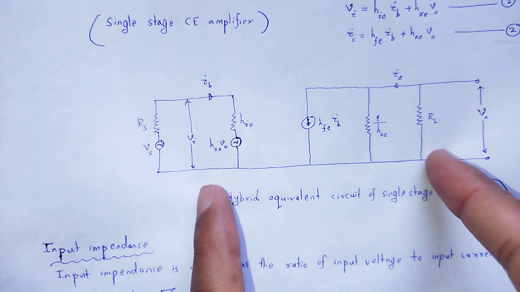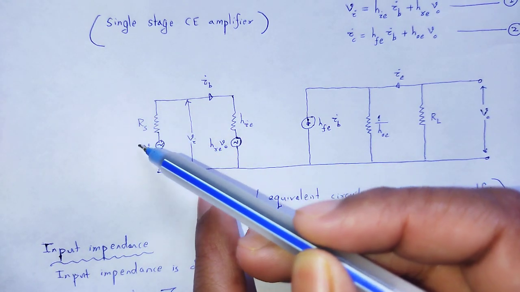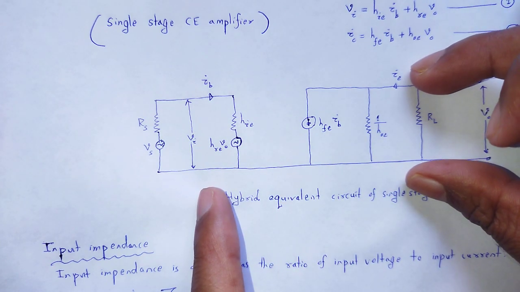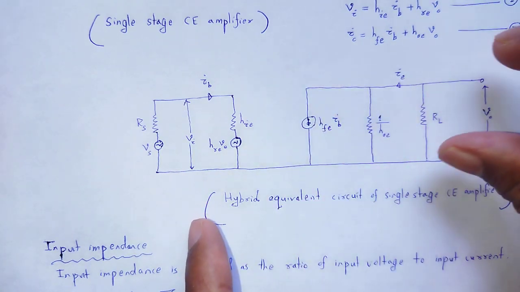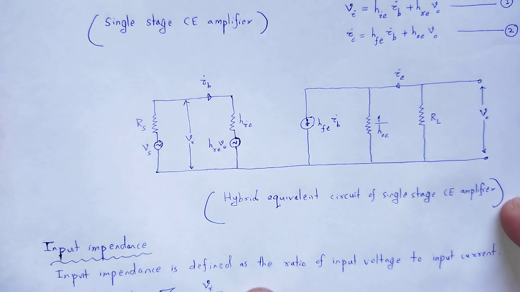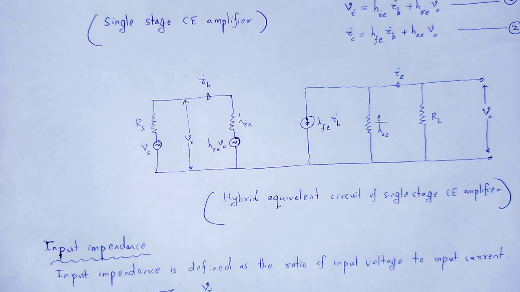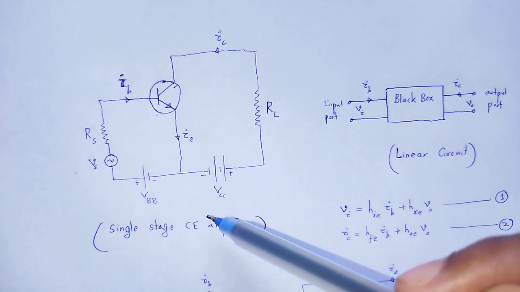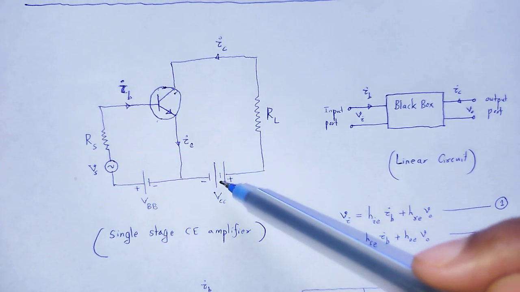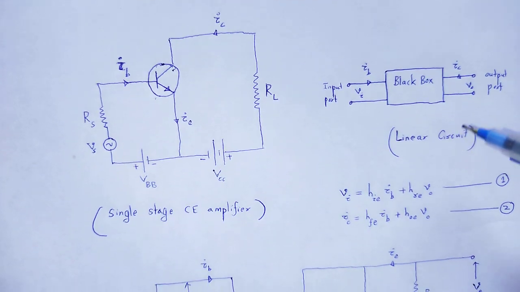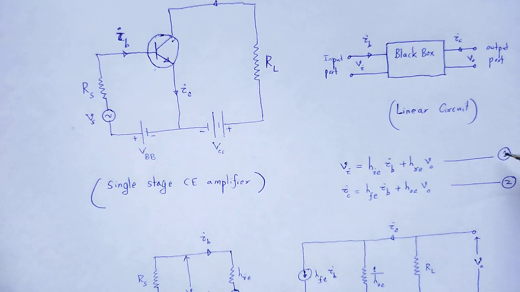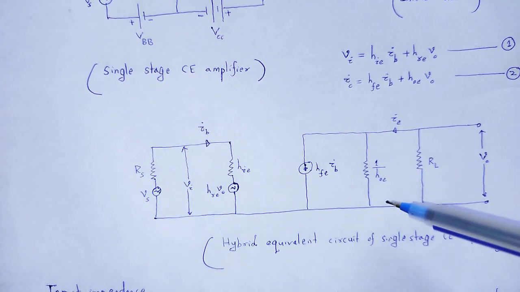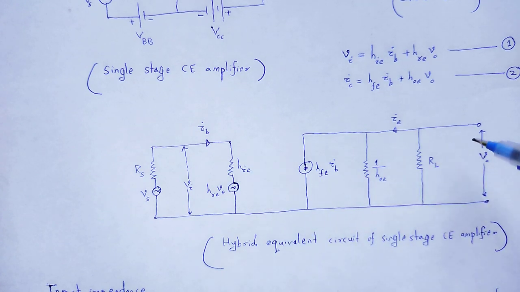We just add a source resistor RS in the input section, and load resistance RL in the output section. That is the hybrid equivalent circuit of single stage common emitter amplifier. These are the basics. First we took the single stage common emitter amplifier, its black box representation, and in terms of H parameter we wrote two equations, and by using those two equations the hybrid equivalent circuit is created.